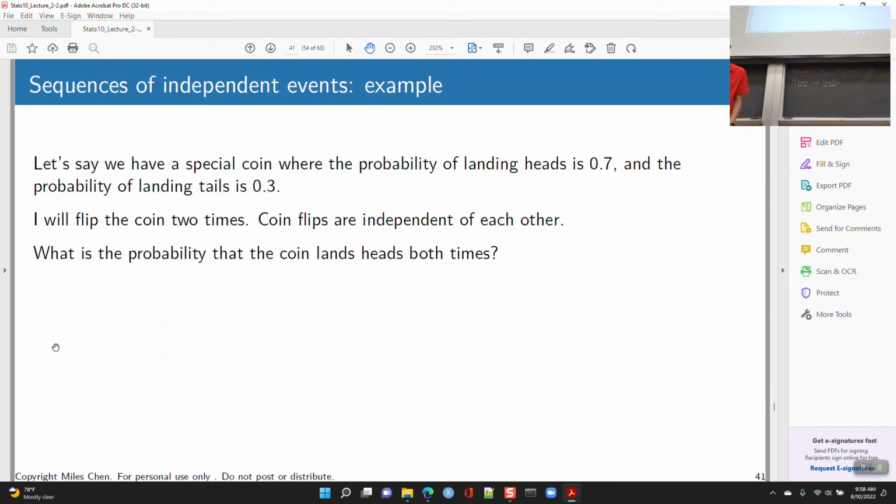Well, coin flips are independent of each other. When you flip a coin, it has no influence on how the next coin flip is going to land, right? So we can treat these as independent, and we can say this is going to be the probability I get heads on the first flip, multiplied by the probability I get heads on the second.